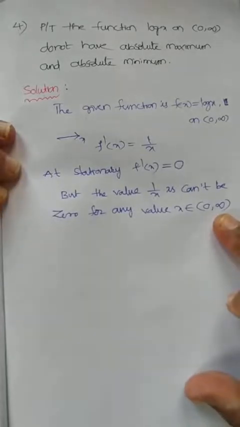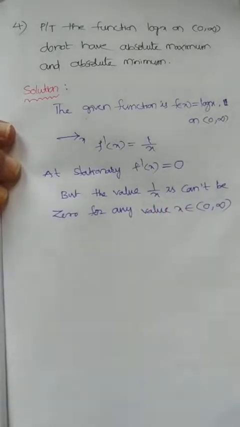In this interval, you take any x, for that x, 1 by x can't be 0, isn't it?